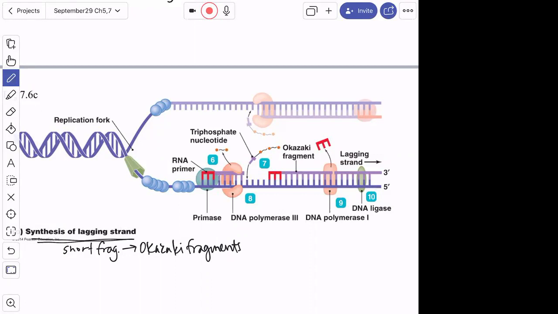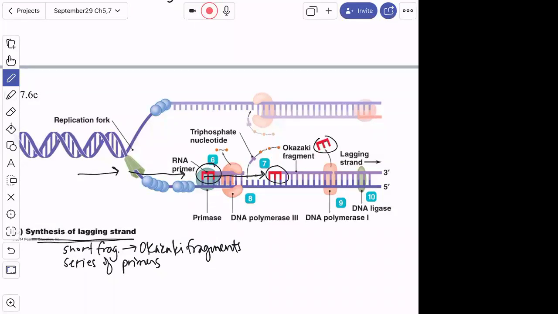So you're going to have a series of primers. They're in red here, here, and here. The polymerase then replicates that DNA in strips, and then it'll come back here and do the next one and come back and do the next one like this.